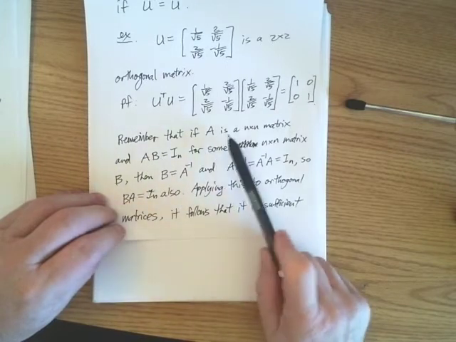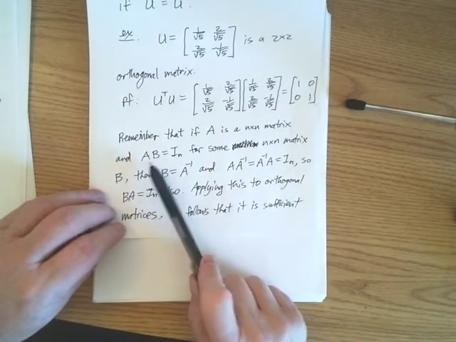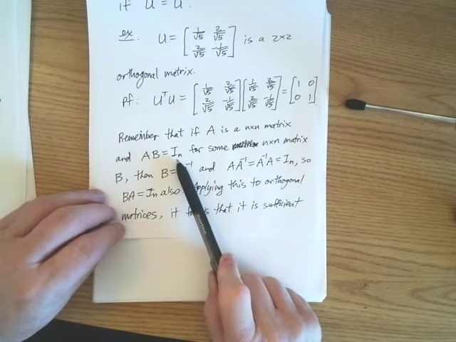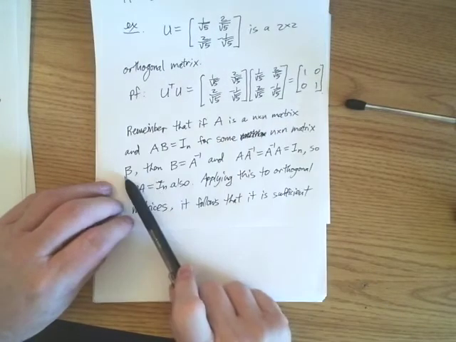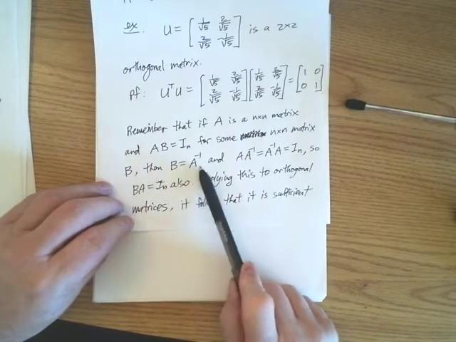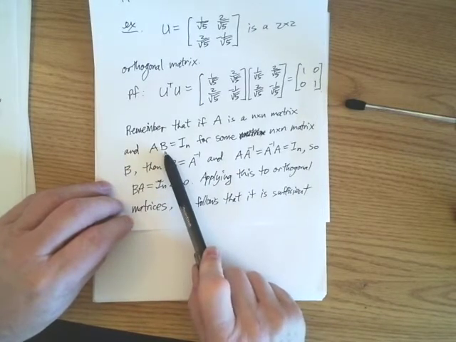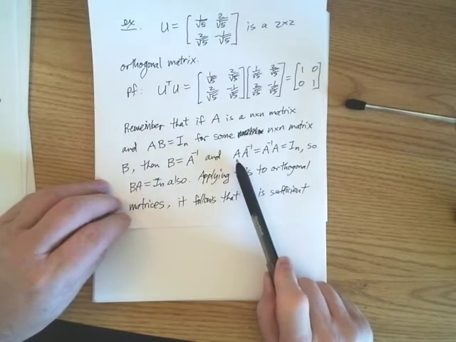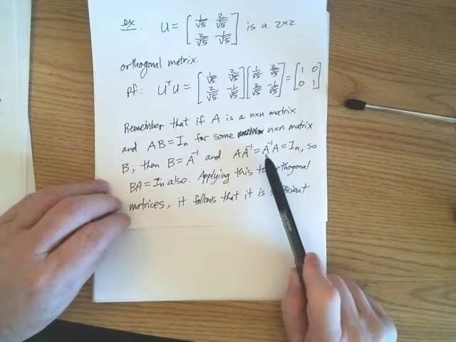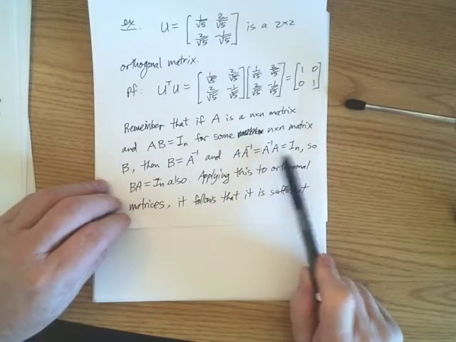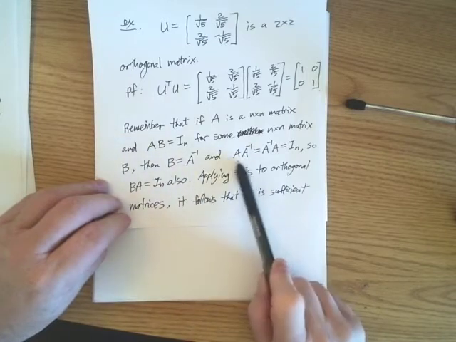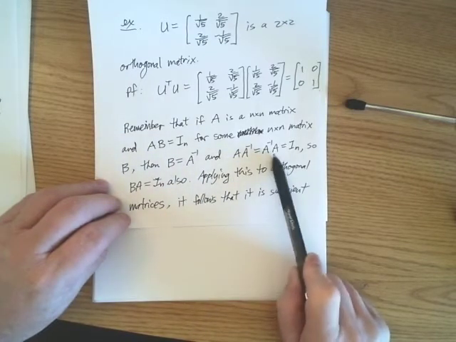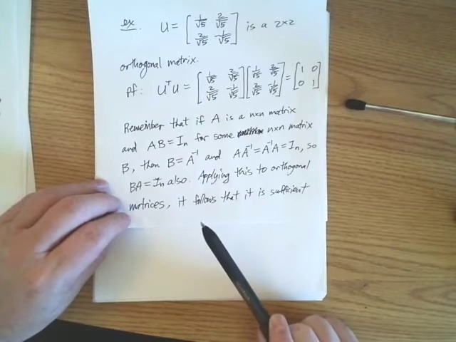Remember that if A is an n by n matrix and A times B is the n by n identity for some n by n matrix B, then B is actually A inverse, right? And you remember we showed that A inverse A is the identity. So in other words, if this is satisfied in just one direction, then it actually works both directions on square matrices.